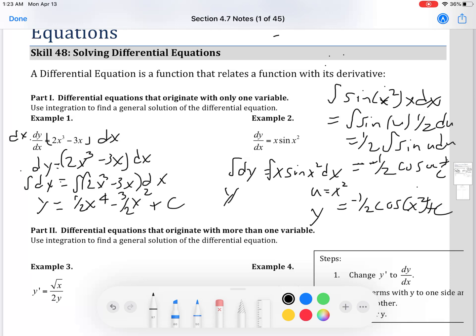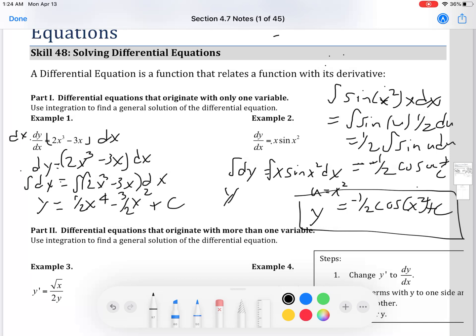And then on the other side, the antiderivative of dy is just y. So that would be your non-derivative equation. So if that's our derivative, our antiderivative would just be negative 1/2 cosine of x squared plus c.